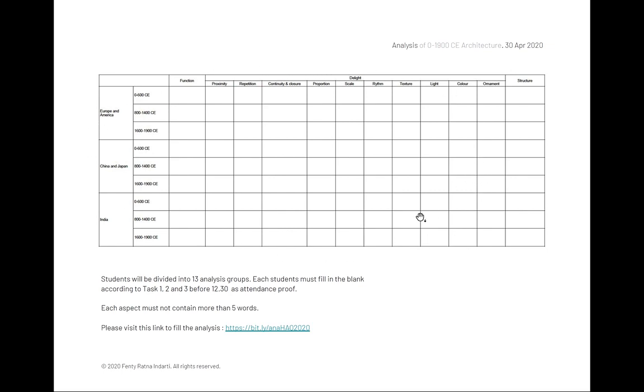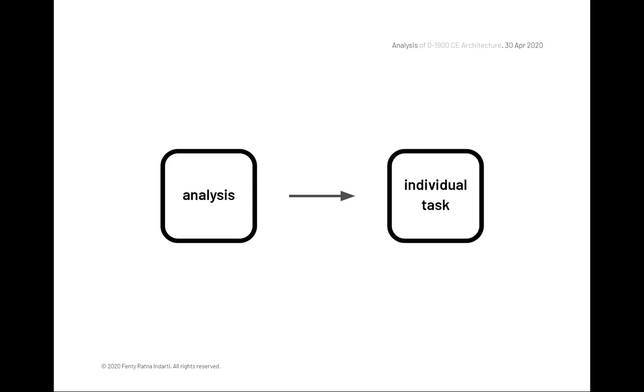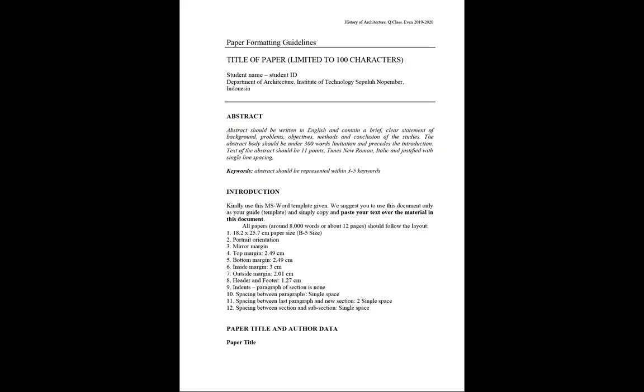So all of this, I have divided so that all of you must fill this blank. This analysis will help you to develop your essay or your paper, actually, your final assignment, because this analysis is used for the individual task.